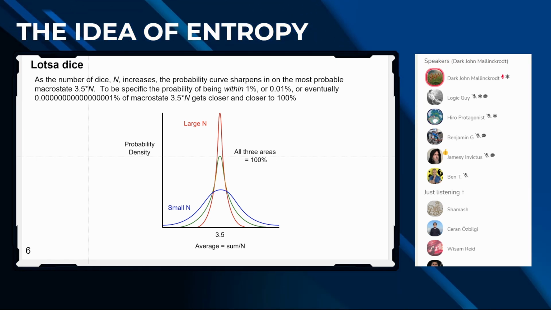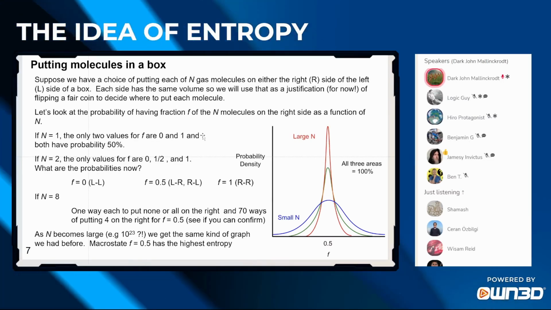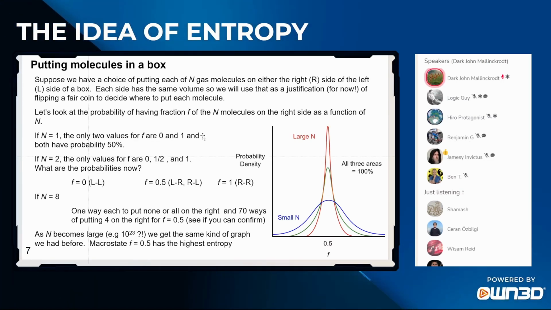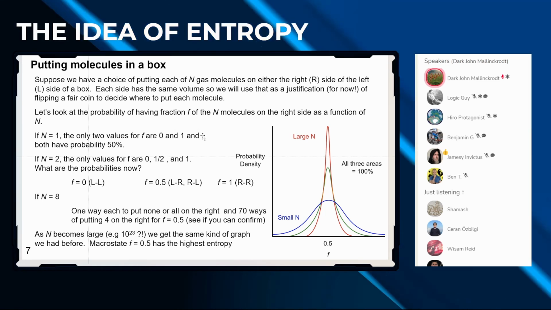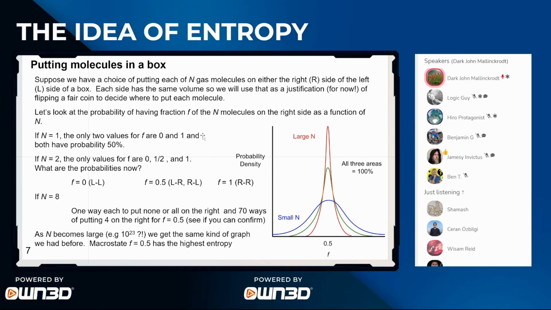So let's go to slide 7. Now I'm going to talk about a slightly different question, which will lead to the last thing I want to talk about, which is this distinguishability thing, putting molecules in a box. There's an awful lot going on here, and quantum mechanics has a lot to say about the number of ways you can put molecules in a box, which has to do with dividing both physical and momentum space into little Planck constant sized cubes.